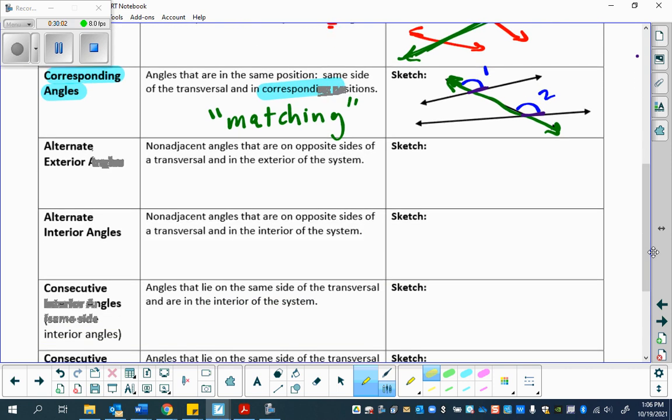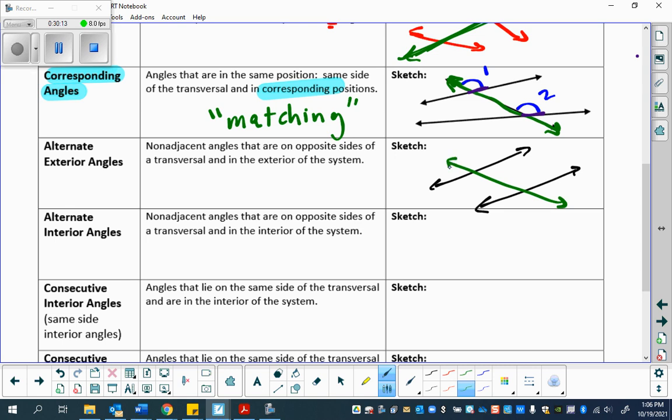All right, if I take the time to draw my 2 lines, and again with my transversal, when I talk about alternating exterior angles, that's going to be two angles that are on opposite sides of the transversal, and they are outside of that line system.